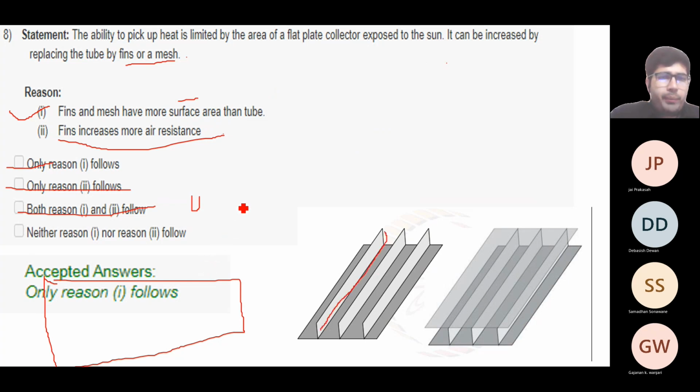Compare the surface area: the surface area of fins will be more as compared to tubes only. These have more surface area and are enclosed in an enclosure, so there is no direct contact of air. So statement 2, that fins increase more air resistance, will be wrong.